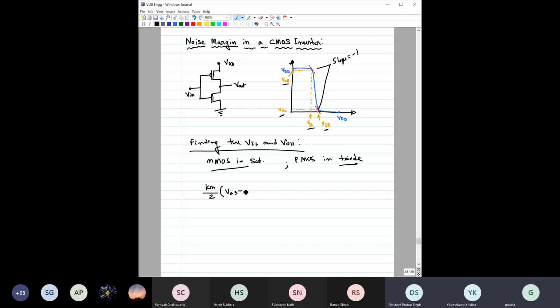So it is (VGS minus VTHN) squared times KN would be equal to, since the PMOS is in triode, KP times (VGS minus VTHP) times VDSP minus VDSP squared by 2, right? You should know which one is what.